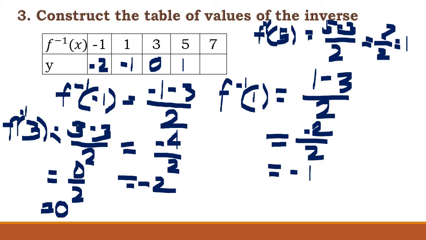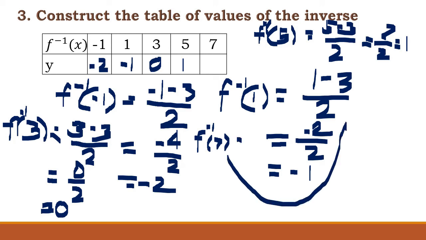And the last one, f raised to negative 1 of 7 equals 7 minus 3 over 2.